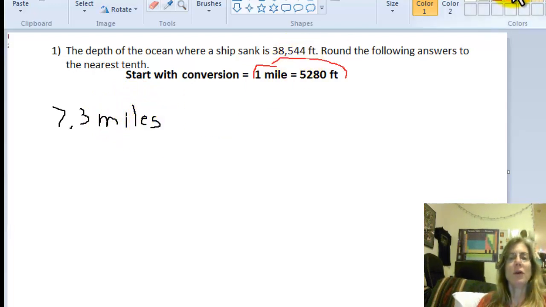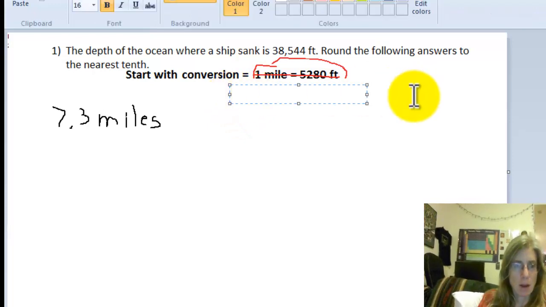This time we're not going to use this conversion. We have to choose a new conversion. From the conversion table, that new conversion would be 0.62 miles equals 1 kilometer, km.